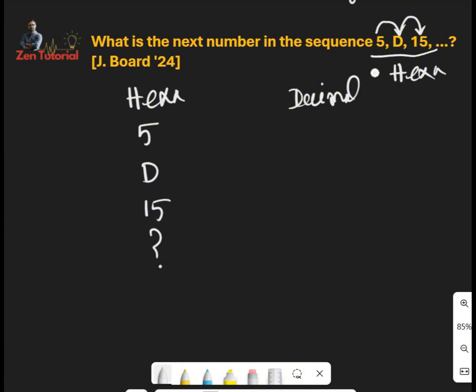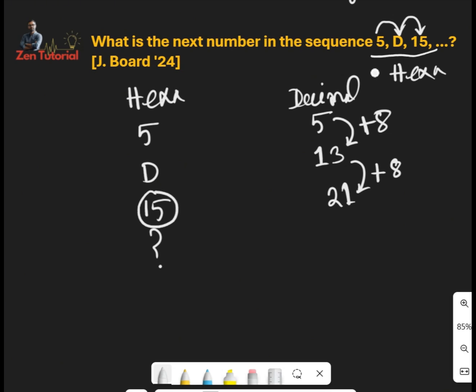So 5 hexa represents decimal 5, D represents 13, so 5 plus 8 is 13, 13 plus 8 is 21. So the value of 15 in hexadecimal, the decimal will be 21. 21 plus 8 is 29.